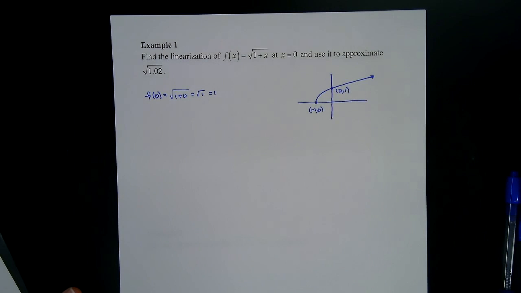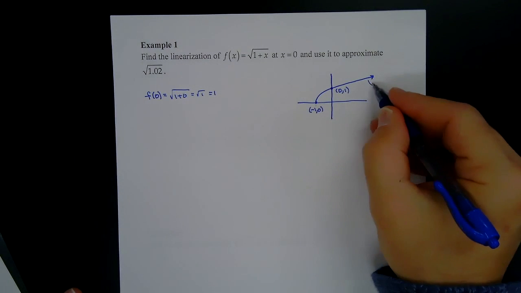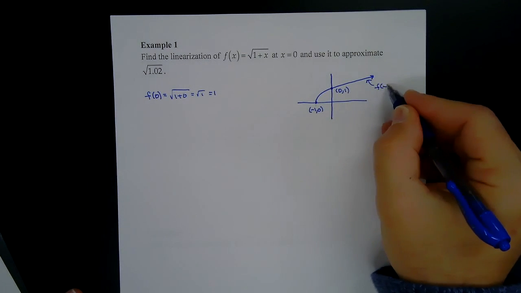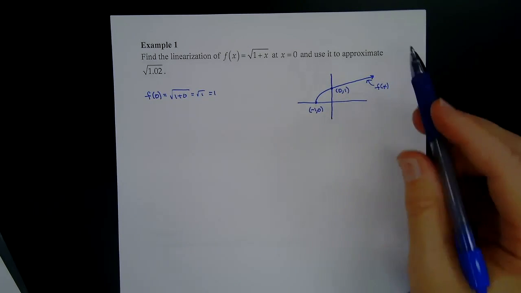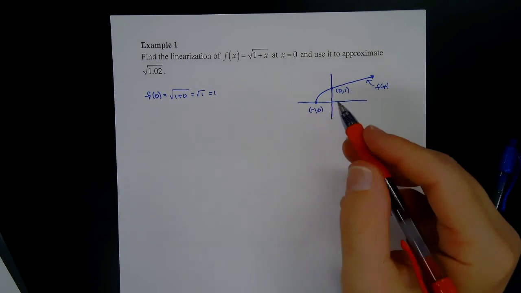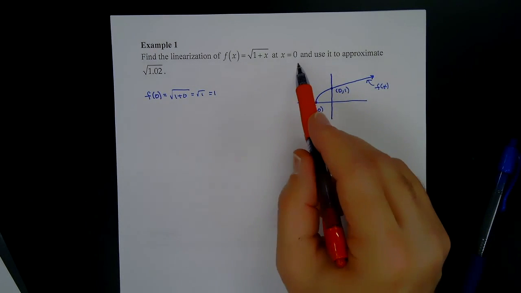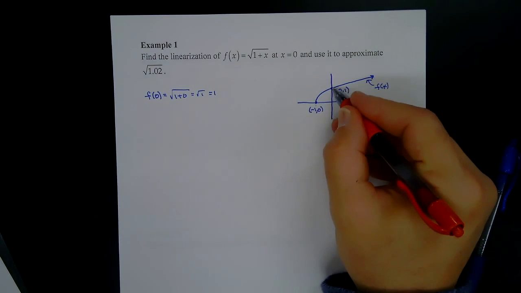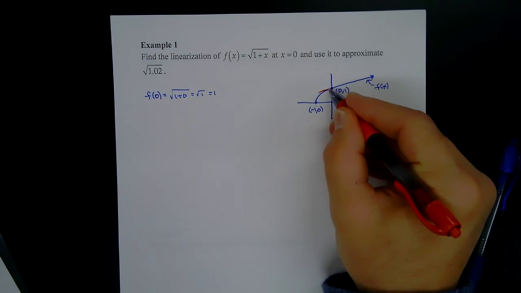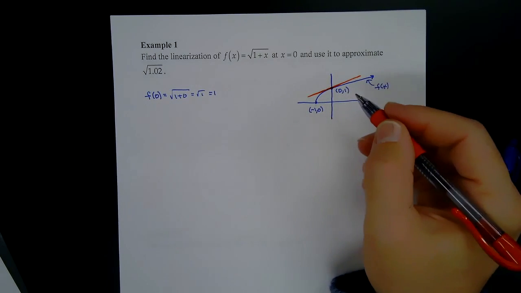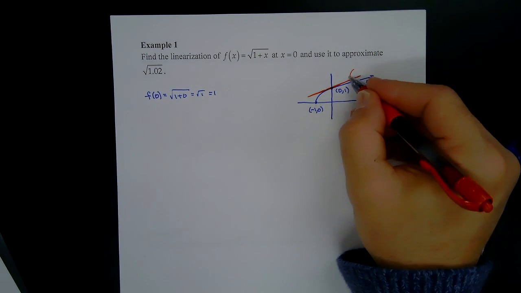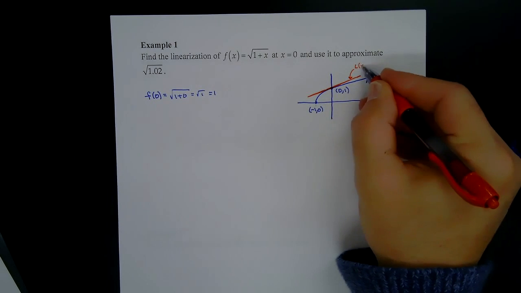And this is our function, this is the f of x, and it's definitely not a line. But what we're going to do is find the tangent line at x equals 0. So right here, x equals 0, and I'm going to do my best to draw my tangent line. And there's my tangent line, and this is going to be L of x.